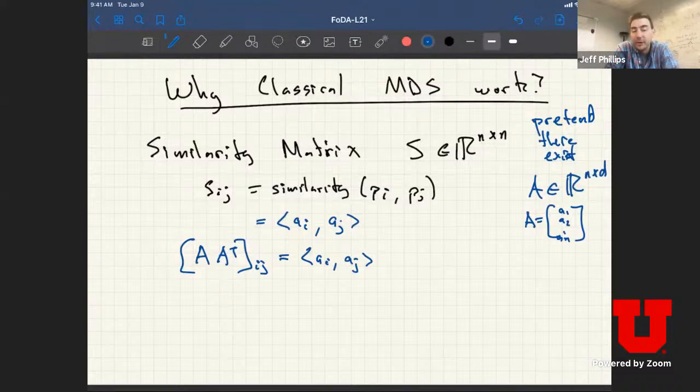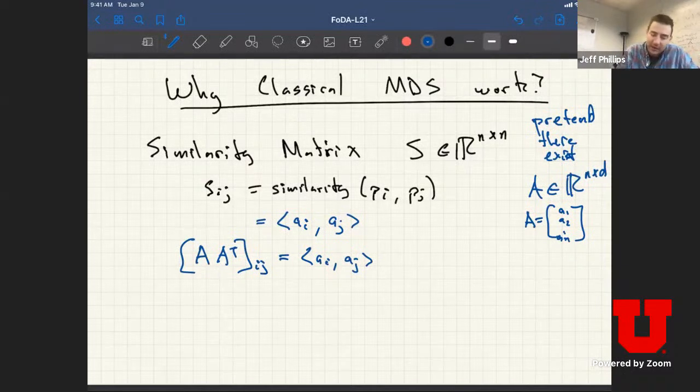This matrix multiplication between A and A transpose records in the ij-th entry the dot product between them. So the similarity matrix, if I had this, I could do the eigendecomposition of it, and that would give me the embedding, exactly what I'm looking for. So this is great. If I had this similarity matrix, this would be really good.